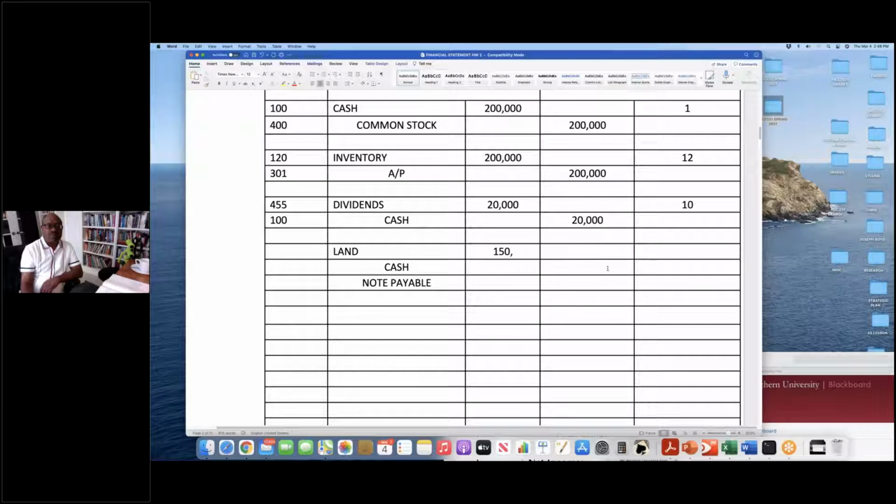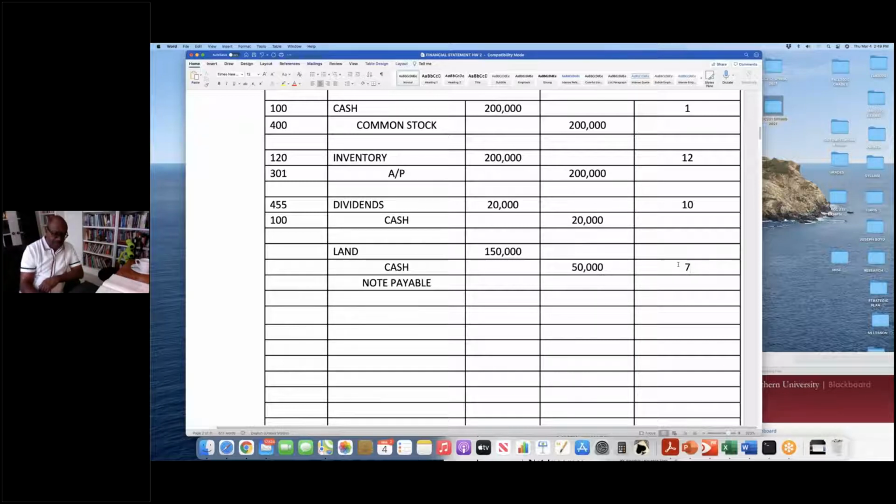We paid how much down? 150 for the land. How much did we pay down? 50,000 down in cash. What type was that? 7 and 12, and note payable 100,000.